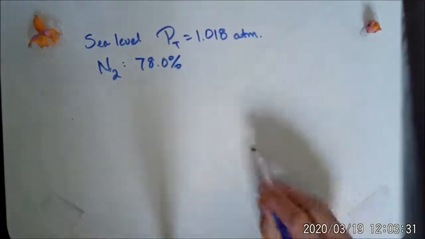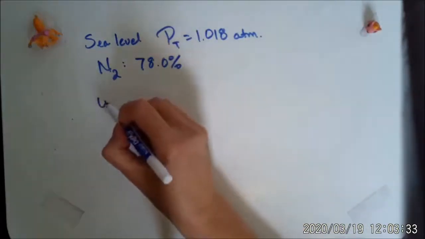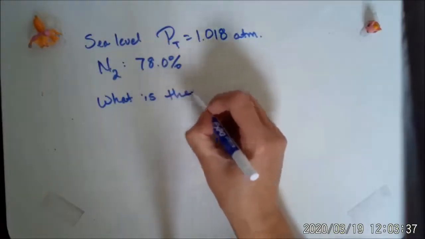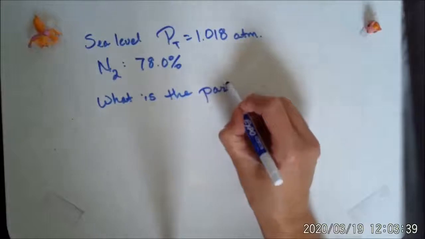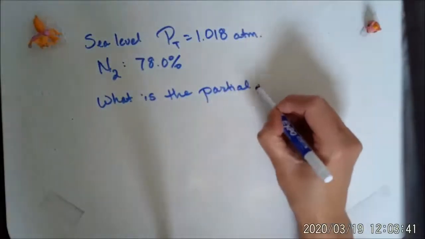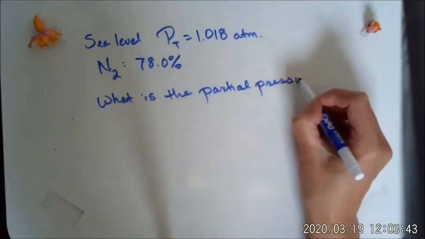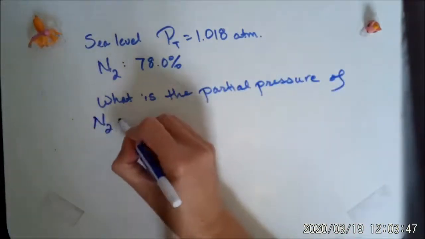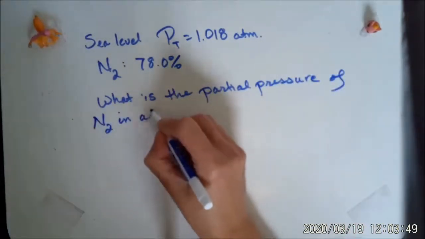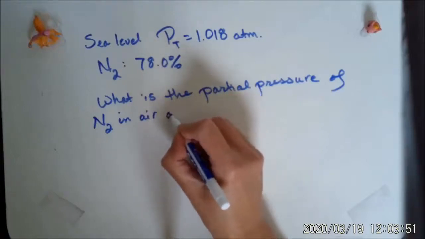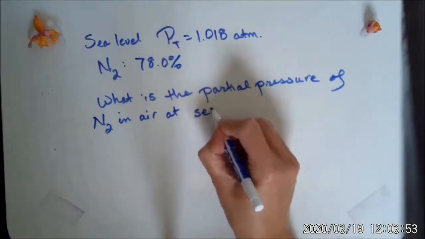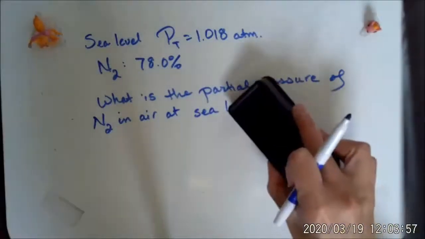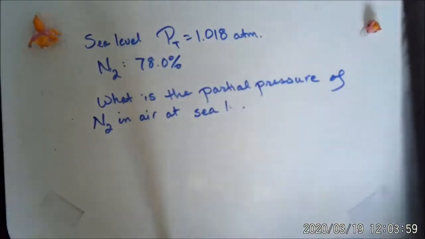So what is the partial pressure of nitrogen in air at sea level?